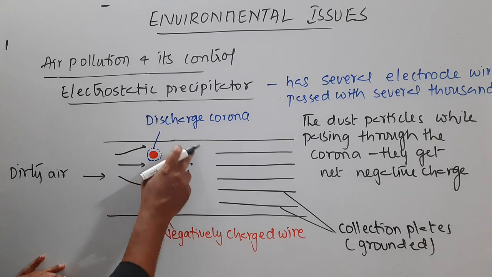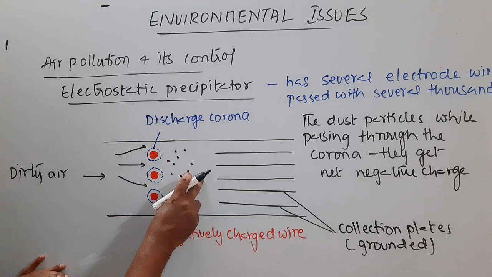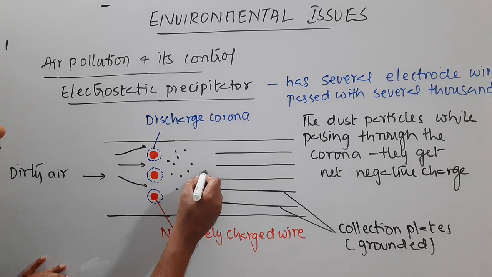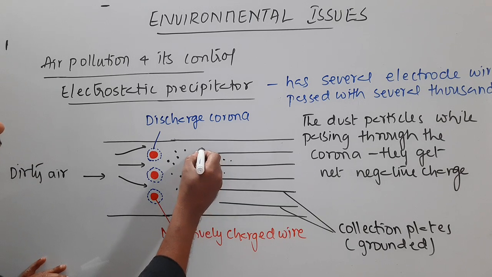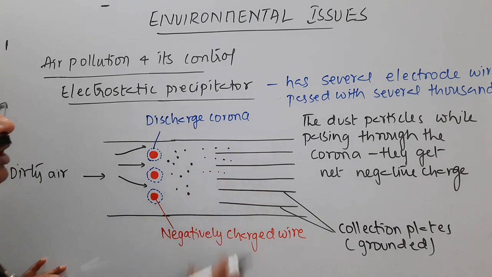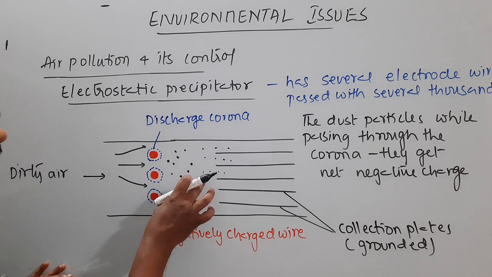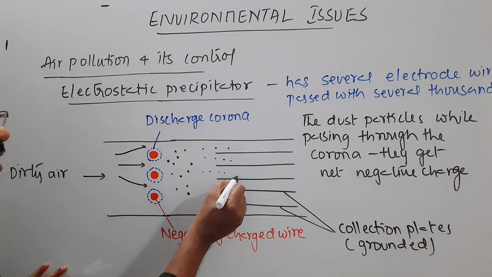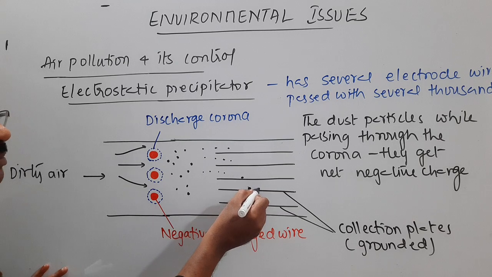So these are all the particles that have a net negative charge, and when these particles move through these plates, the flow of air should be slow enough that they come in contact and then get attached to these plates.